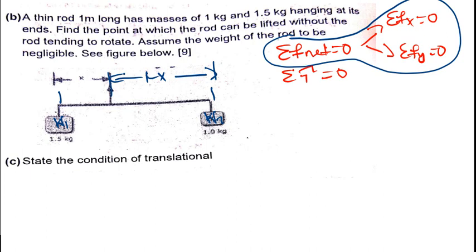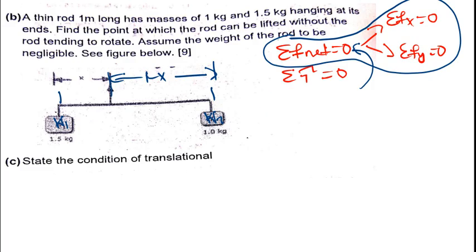So you will just be using the summation of forces in x and y. That's all. If you have been given a question that involves the distance and there are no angles, you are going to use the summation of torque. If the question involves both the angles and the distance, then you are going to use the combination of these two. Like this question which I have here, I only have distance, so I'm going to focus on torque.